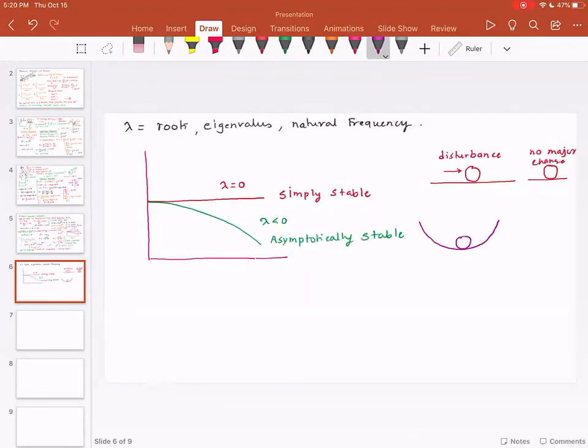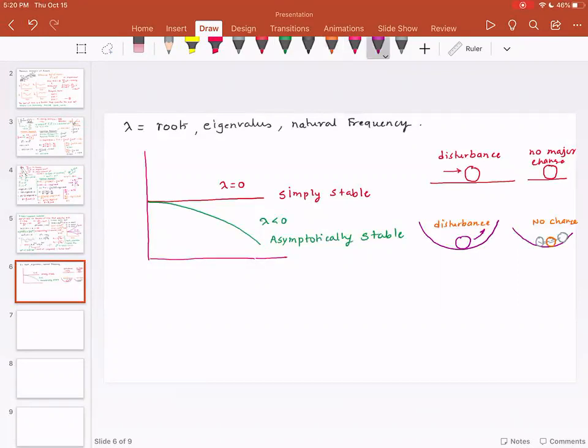Now if you disturb it, the ball may go to the right hand side, come back to the left hand side, go back to the right hand side, but at the end it's going to settle down where it was. So it will settle down at its original position. So with a disturbance, no change, which means it comes back to its original position.